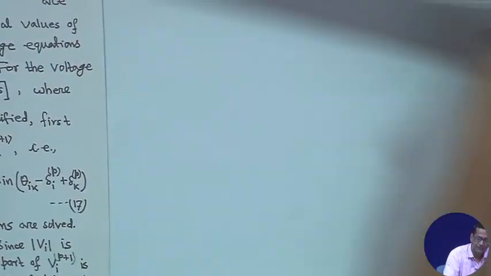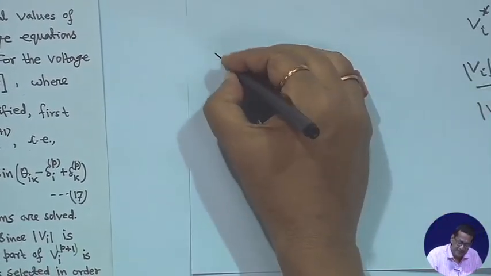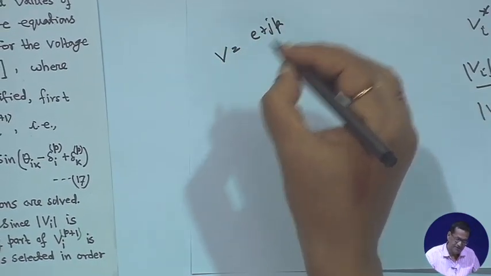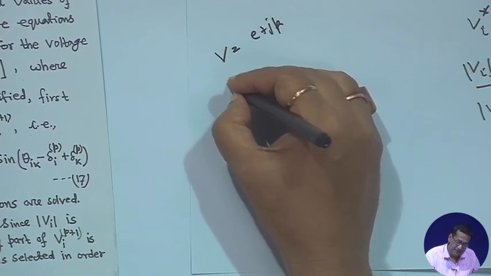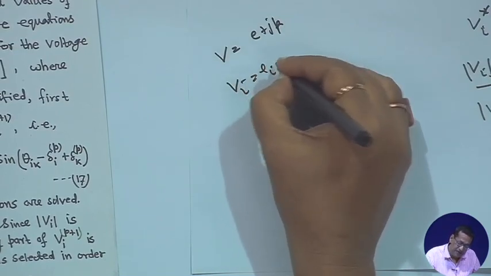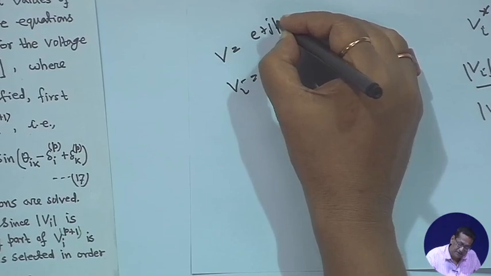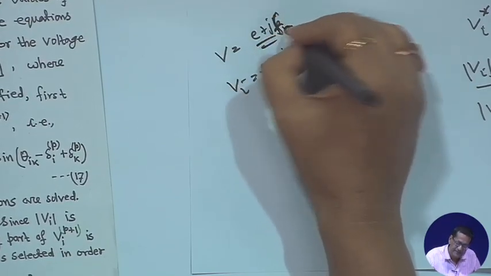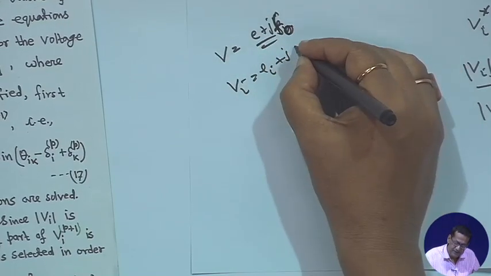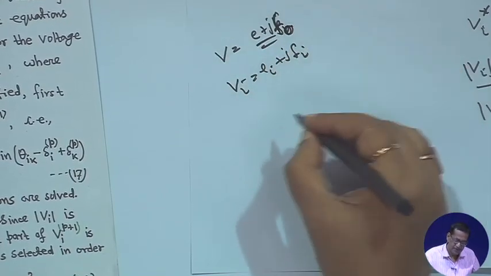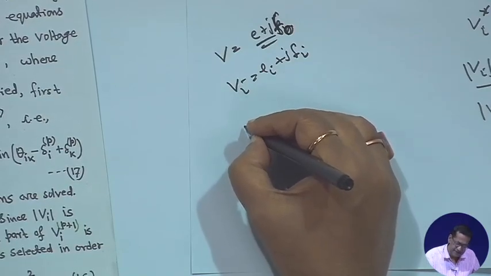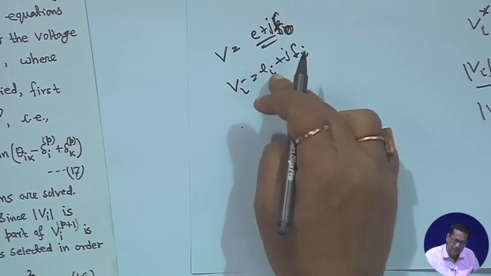Therefore, in general you can write V is equal to E plus jF. In the case of the ith bus, you can write Vi is equal to Ei plus jFi, and for any iteration you can put in that iteration number.